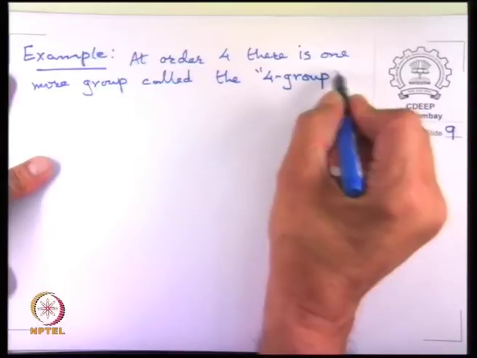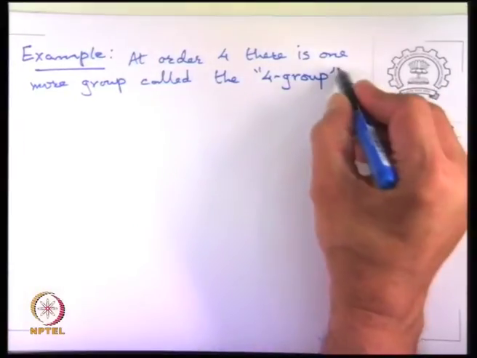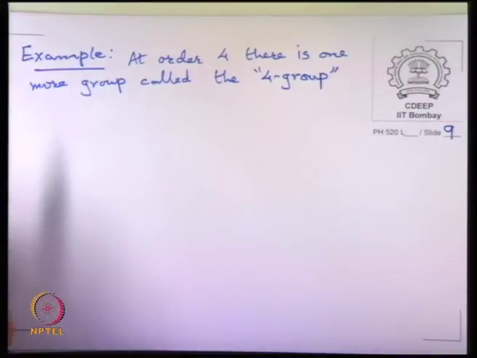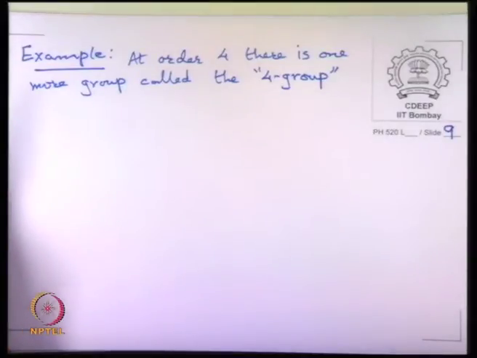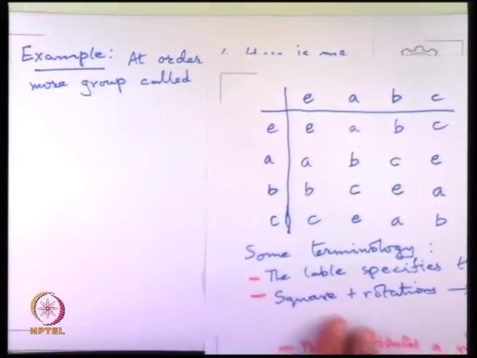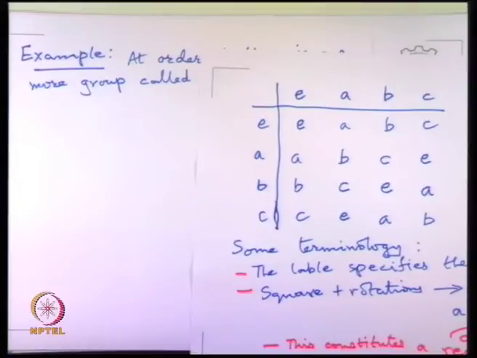Called that because some great man called it once, not some great man, Felix Klein. So this is in the early days of group theory, and so let us bring up that table for order 4. So we already drew this table as a possible multiplication table.